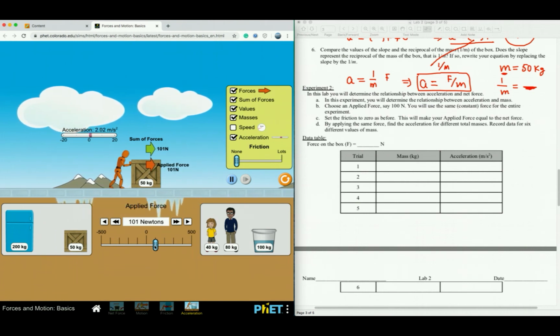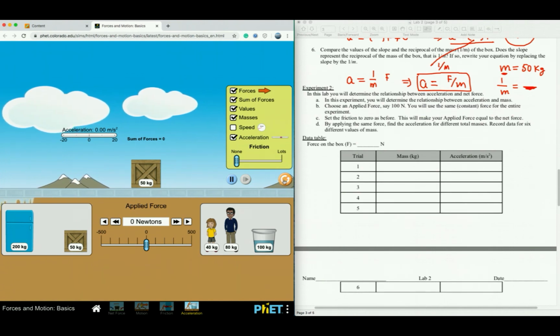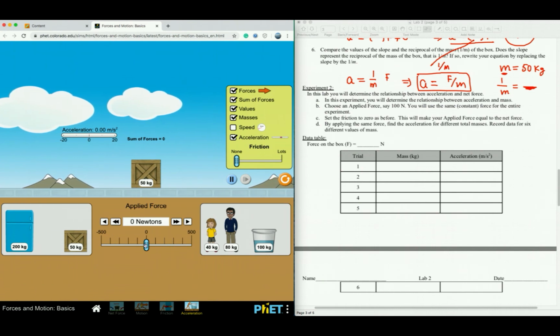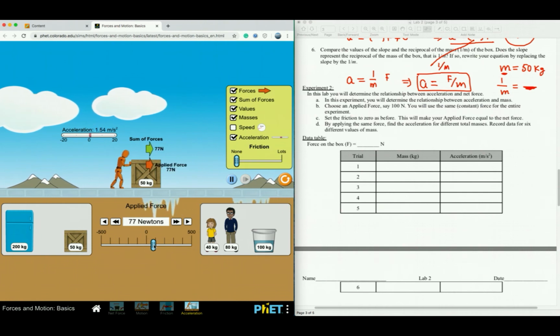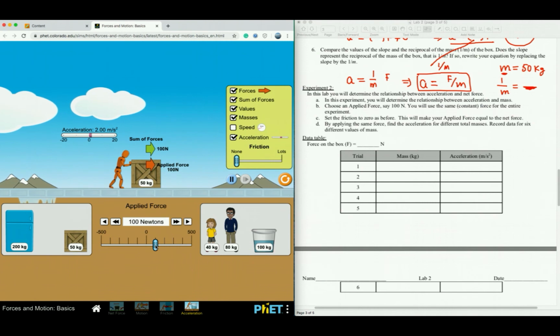So first you start with a 50 kilogram box, and you apply 100 newton force.